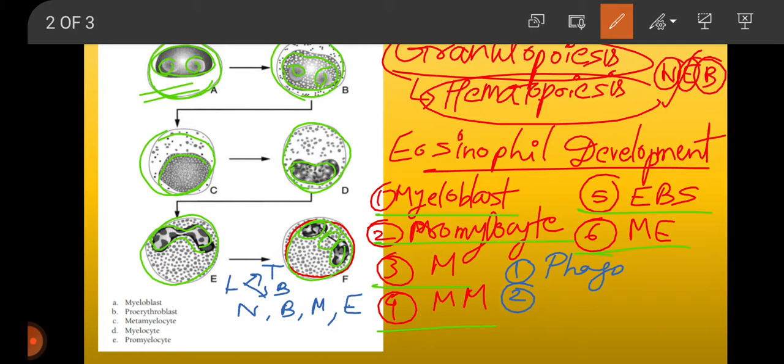The second thing is that it releases something which is known as histaminase. We know that during allergic reactions, basophils and mast cells release histamine, right? This histaminase is secreted in response to the histamine. So this also helps in anti-inflammation. Okay, so those were the three basic roles of eosinophils.